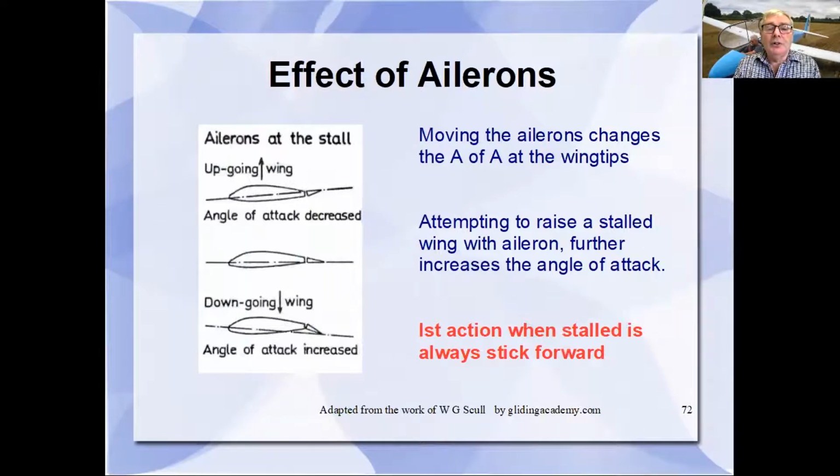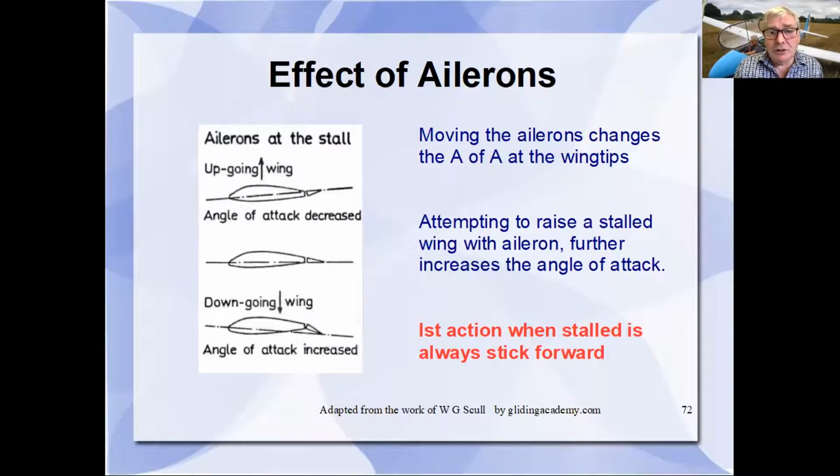Let's now move on to the effect of the ailerons and what happens at the stall. If you consider it, at the stall, if there's a wing going down and obviously the other wing going up, and the pilot were to respond to that, then as the downgoing wing is going down, the response from the pilot, the incorrect response I should say, would be to attempt to raise that wing back up.